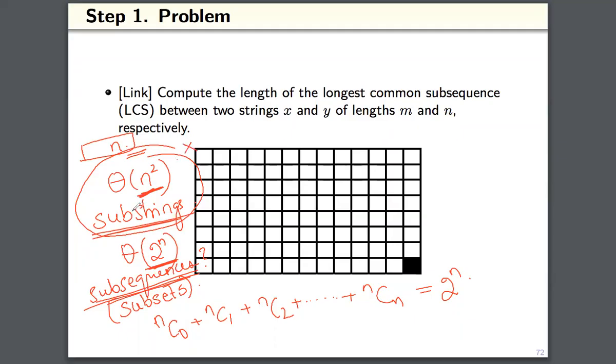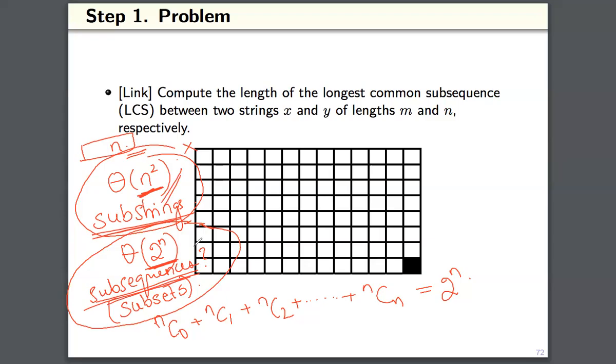There are no recomputations here. It's already in the world of polynomial time, polynomial space. What about this? This is exponential time. So currently this problem is in the world of exponential time, exponential space, if you want to store it.